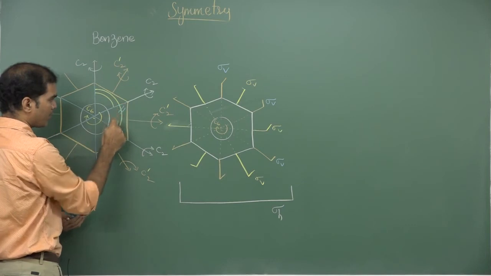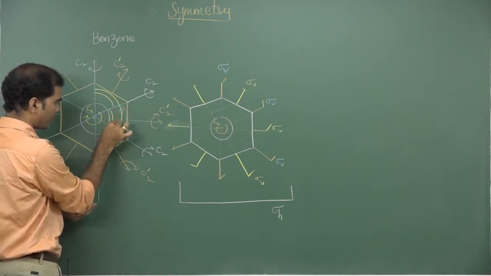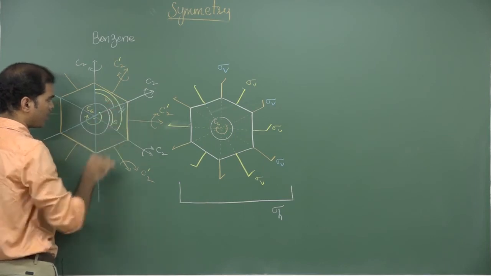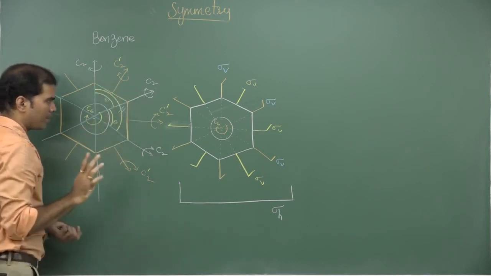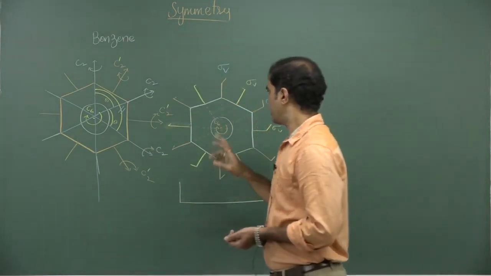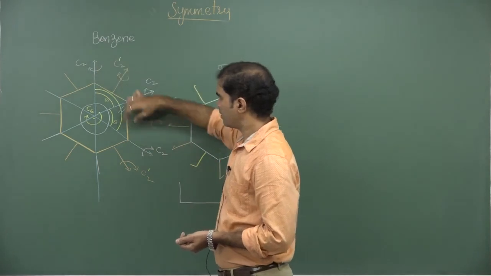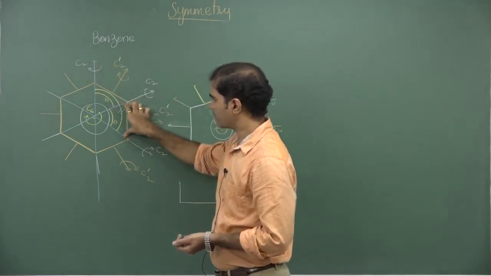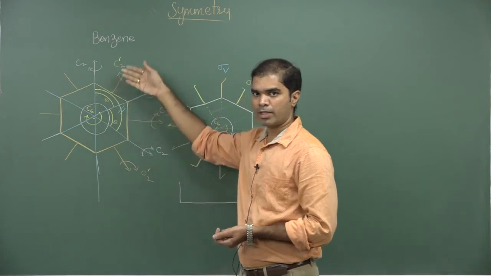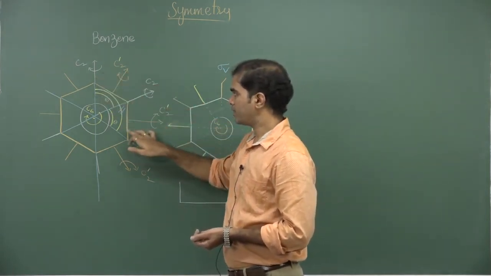You may also take between these two, this will also become a dihedral angle. But from here to here is not a dihedral angle. Therefore, the definition is very important. It is an angle between two similar but consecutive C2s, not an alternate one.